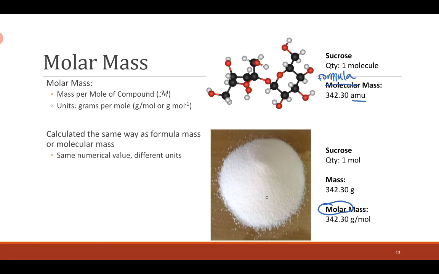And so 1 mole of sucrose looks like this rather than one individual molecule. And it has this mass, and so we would read its molar mass as this many grams per mole. The units of molar mass are grams per mole, but it's calculated in the exact same way as formula mass. We are just going to read off the masses of the individual elements from the periodic table, add them together, and then slap some units on it of grams per mole.